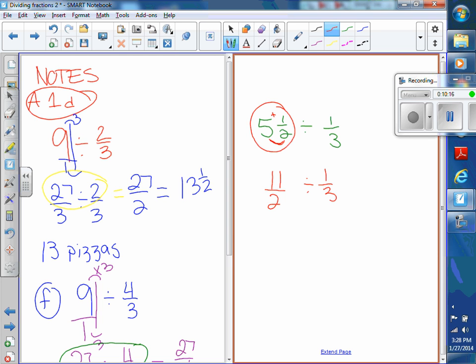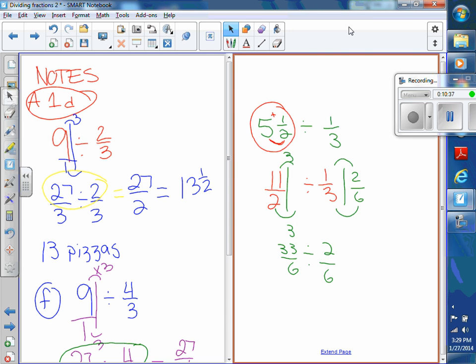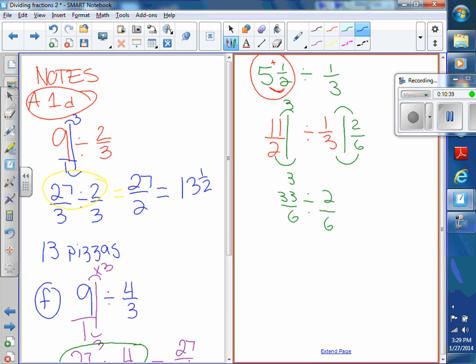Now it goes back to the same thing we've been doing, get a common denominator. So, Connor, what's the common denominator here? 6. Good. So you're going to have to multiply by 3's, aren't you? So 33 over 6 divided by 2 over 6. So the rule just tells me to take what, Peter?